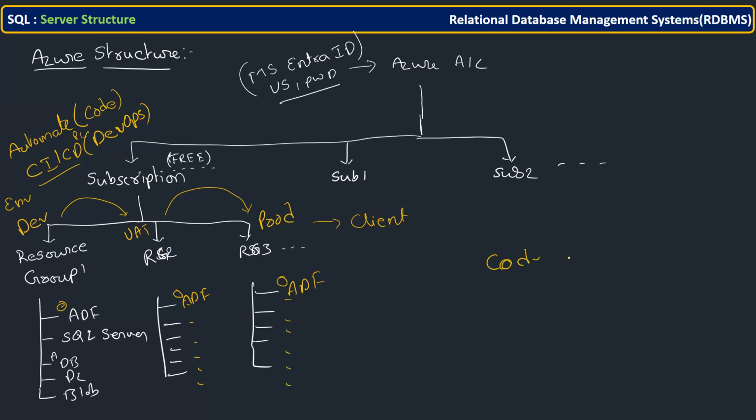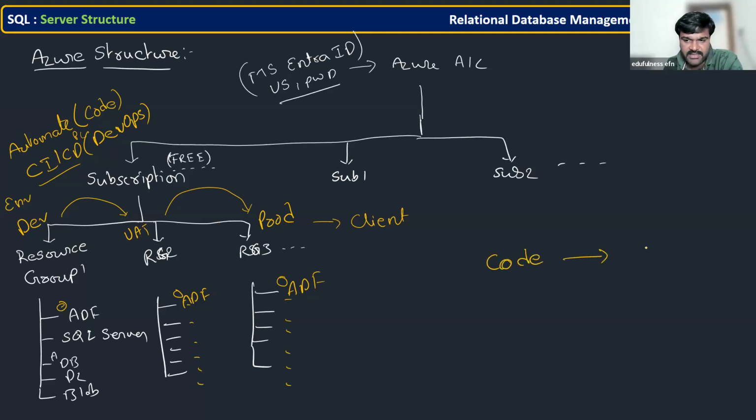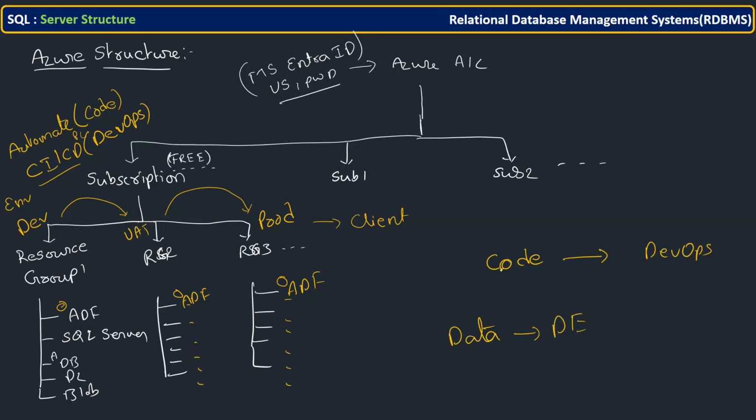So code movement automation will be done by the DevOps engineer. Now, whatever code you developed, that code is doing data migration. That is what we are going to do as data engineers. This is very common anywhere, the same structure.